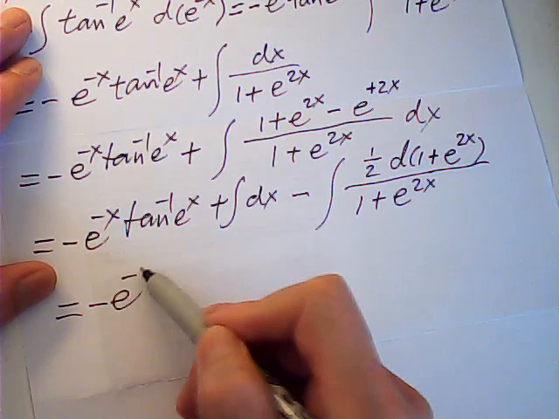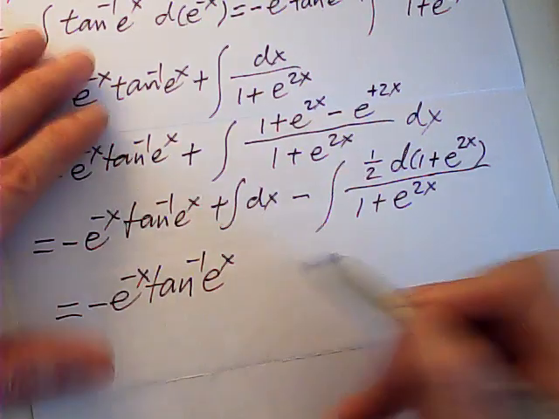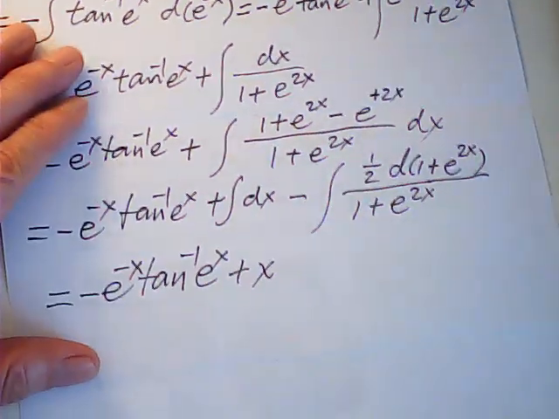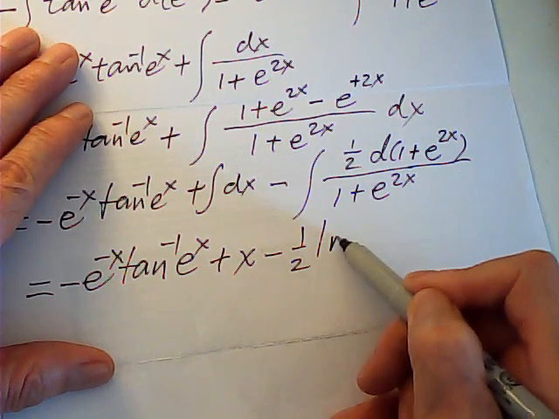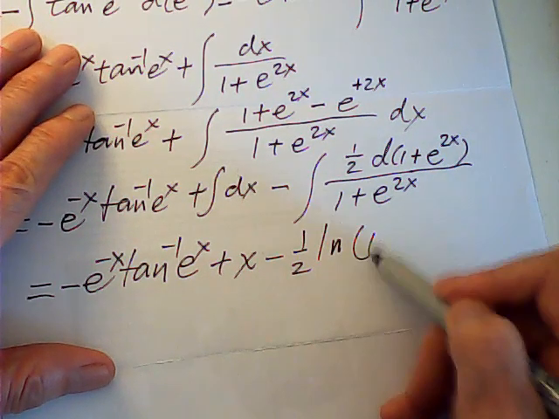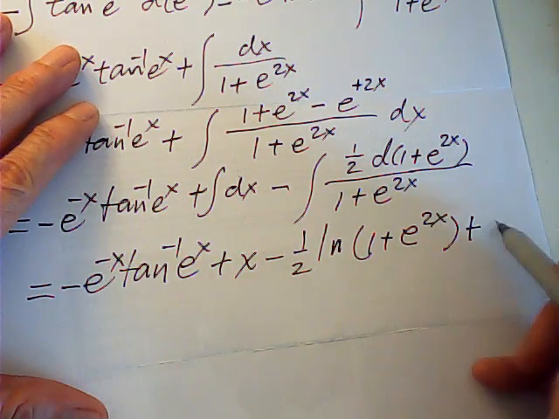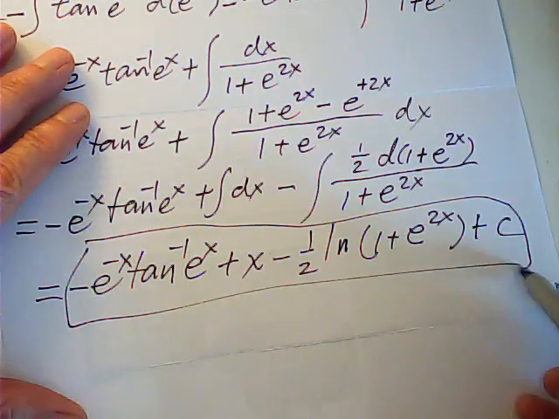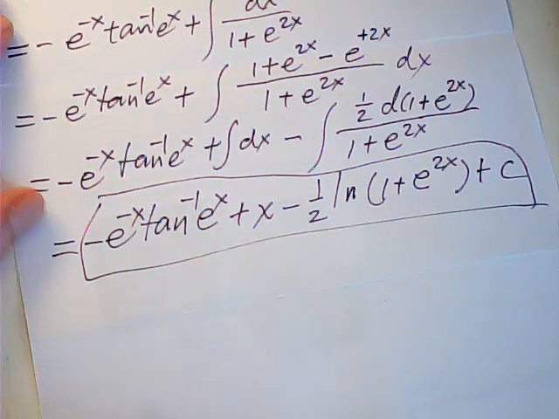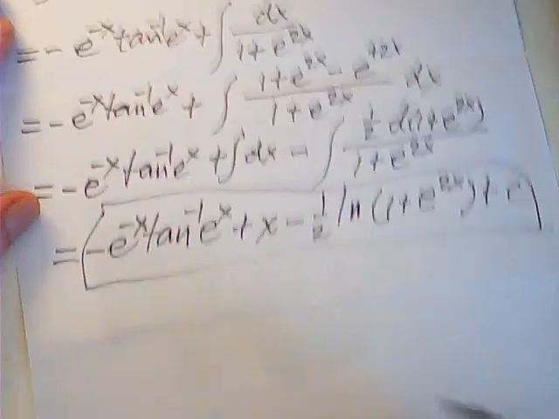The result will come up equal to e to the negative x arctangent e to the x plus x, minus one half natural log of 1 plus e to the 2x. So this is my result, right? You can write this as arctangent e to the x over e to the x.